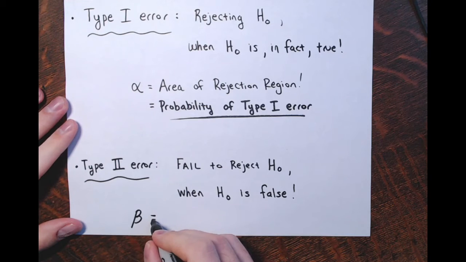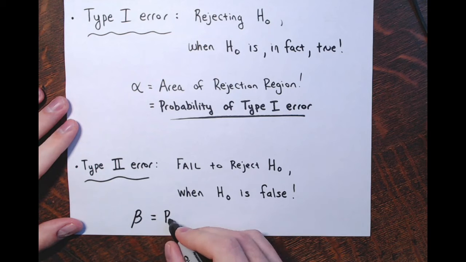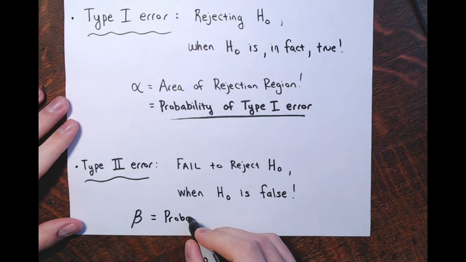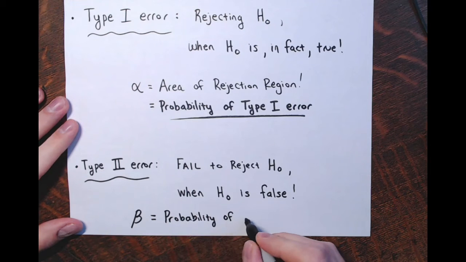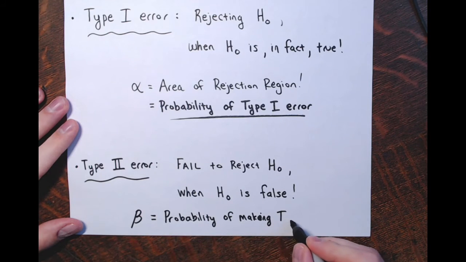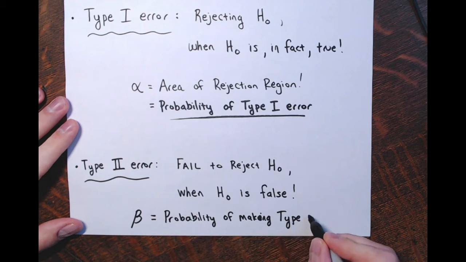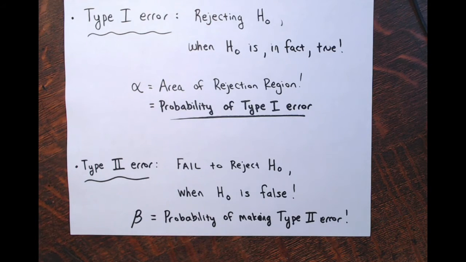You're going to see this value called beta, and it's a probability that represents the probability of making a type 2 error when performing a hypothesis test. The probability of not rejecting the null when you should have, when the null is actually false.